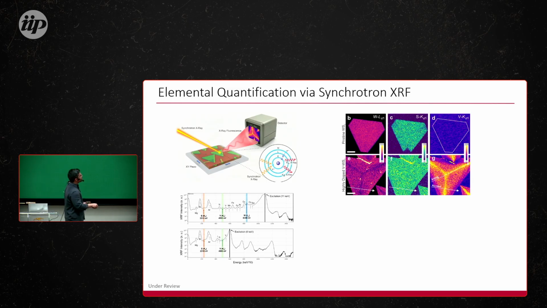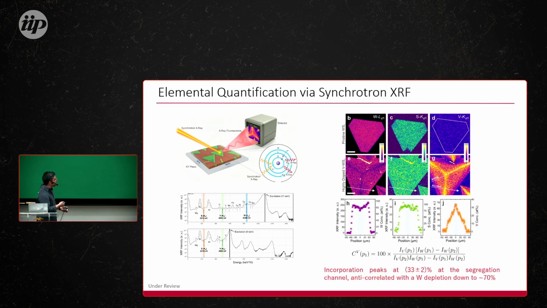For the tungsten and the sulfur, you can see it's still uniform. There was no change. However, there was a reduction, a depletion of the tungsten, specifically in those bisector lines. And the vanadium is actually distributed exactly where the tungsten was reduced, exactly in those lines.